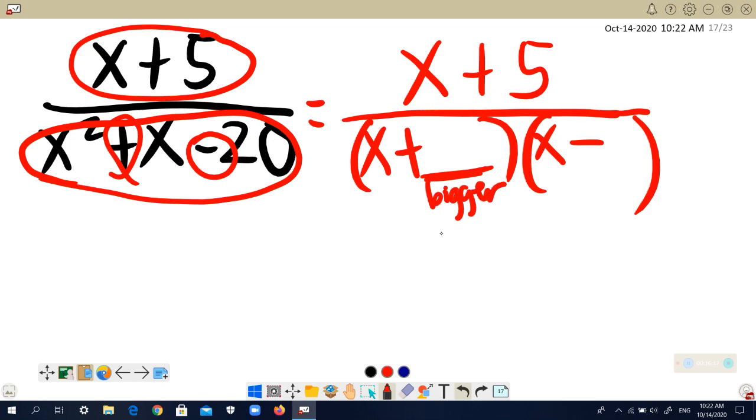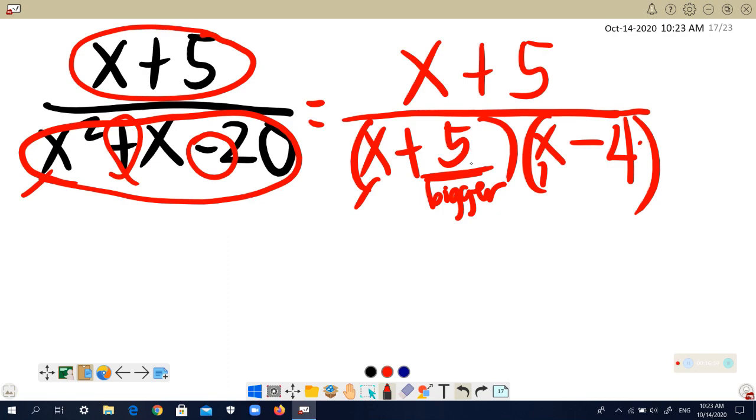Okay? So, what do you think are the factors of 20 that we are going to use? Correct. So, you have positive 5 and negative 4. Again, to check if you have the correct factors, x times x is the product of the first term, x squared. Then, positive 5 times negative 4 is negative 20.